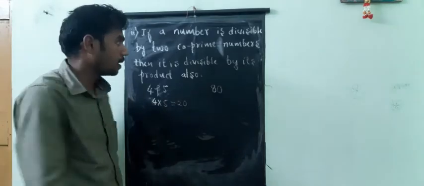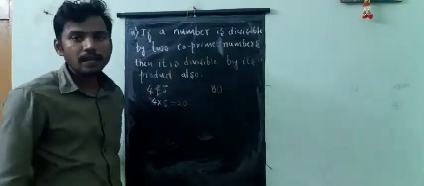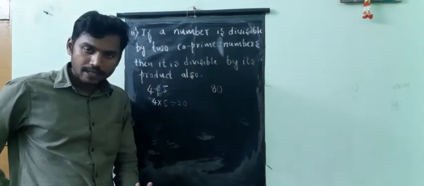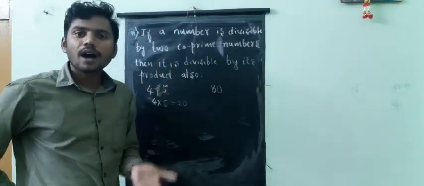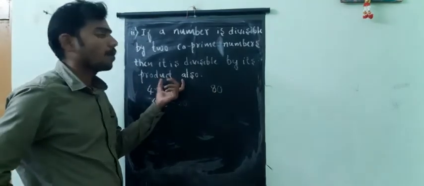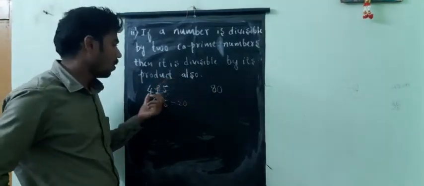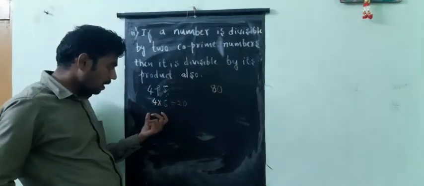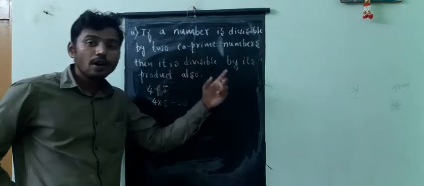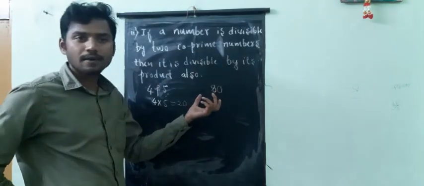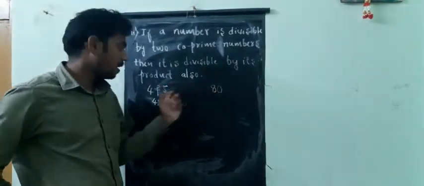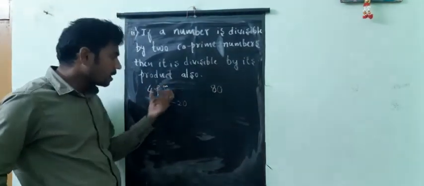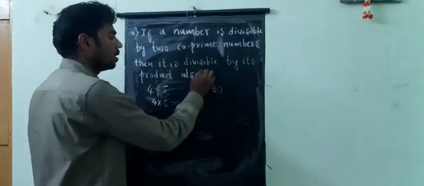That is the meaning of this divisibility rule. 4 is dividing 80, 5 is dividing 80, 4 and 5 are co-primes, then their product 20 will also divide 80.